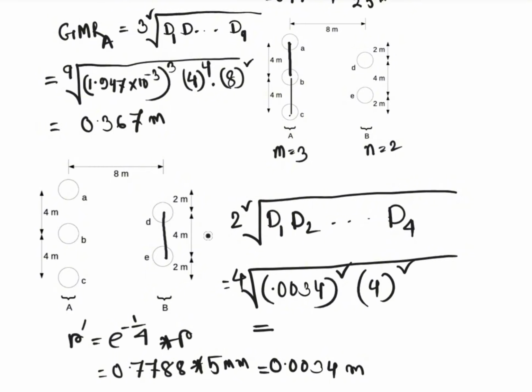So we found the GMR for B circuit, that is 0.1248 meter.